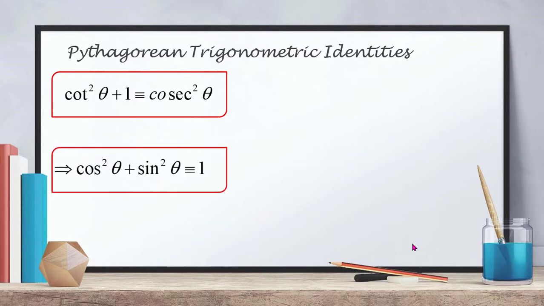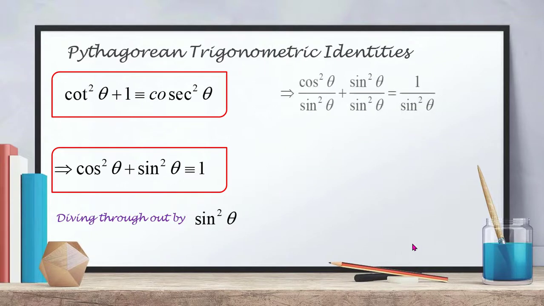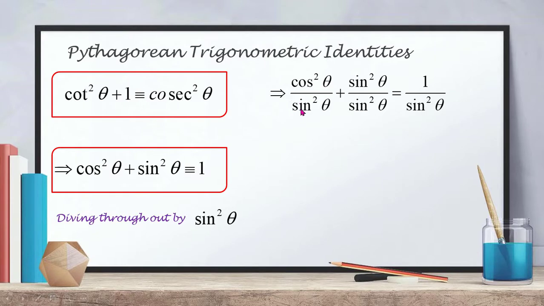And to derive it, we begin with our derived first Pythagorean identity, which is cos squared theta plus sine squared theta being identical to 1. And then this particular time we divide throughout by sine squared theta, and if we do that, we have cos squared theta divided by sine squared theta, then we've got sine squared theta divided by sine squared theta, and then we've got 1 divided by sine squared theta.